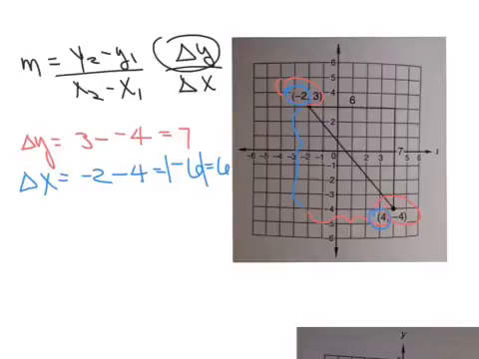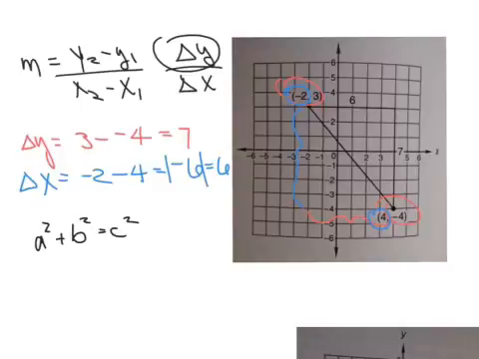6 squared plus 7 squared equals our hypotenuse squared, or the square root of 85 like we got earlier, which leads us to the distance formula. A squared plus b squared equals c squared.